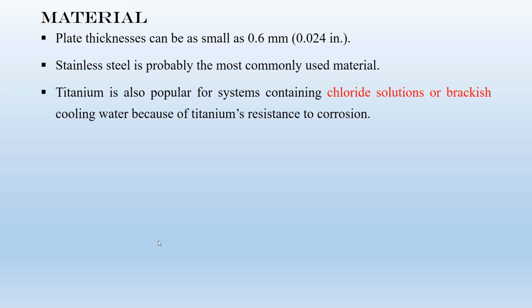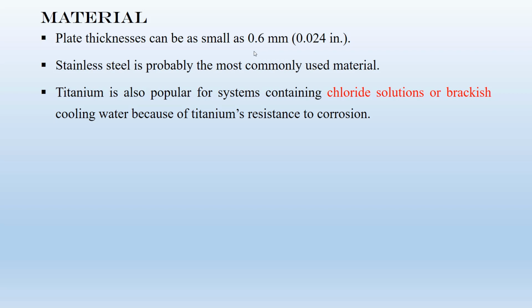Materials. The first thing is that to decrease the thermal resistance by conduction, normally we use thin plates for plate and frame heat exchangers. Normally the plate thickness is almost 0.6 millimeter. They are really thin.